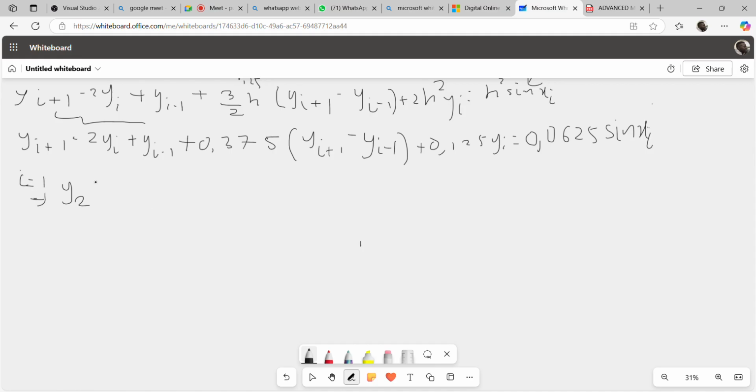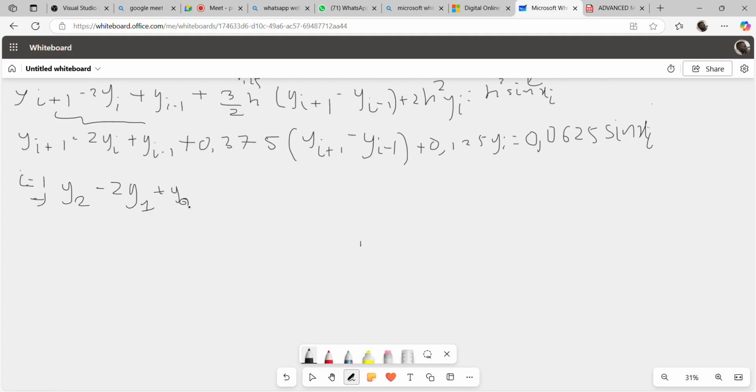So in this case, I'm going to have minus 2. Okay, I have an i here. What is happening here? It's going to be y1. Now, under this circumstance, what I'll be having is 1 minus 1, which is 0. So it means the following expression here will be plus y0.